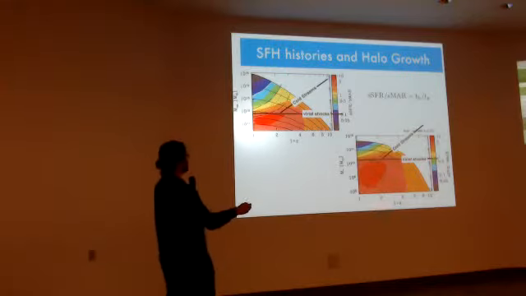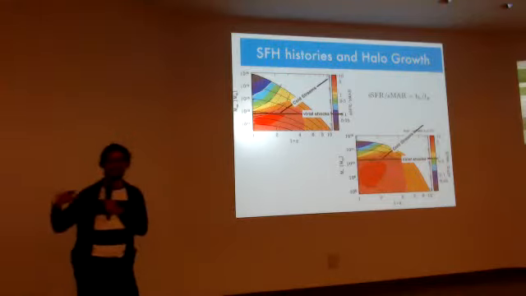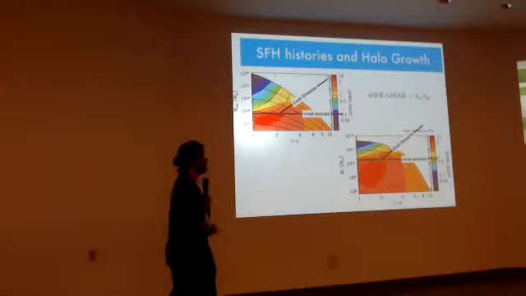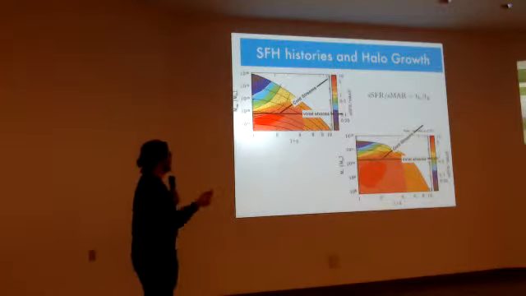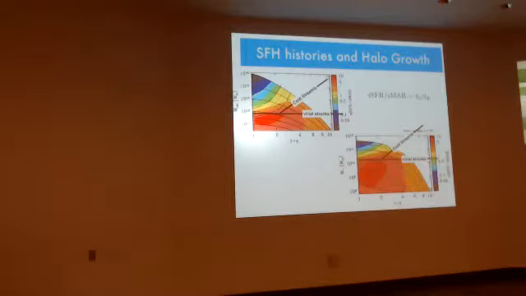If it is larger than 1, the galaxy is growing much faster than the dark matter halo. And if it is lower than 1, the halo is growing much faster than the galaxy. And we see that more or less, at the transition between the virial shocks and the cold streams, we enter into a region where the galaxy is growing much faster than the halo, and then the dark matter halo is growing much faster than the galaxy.